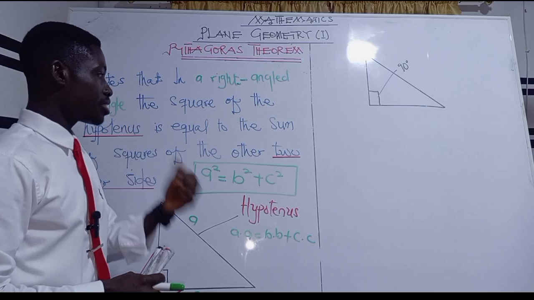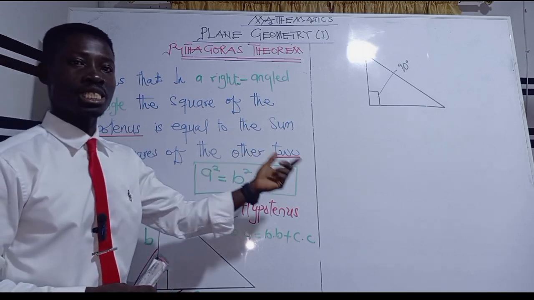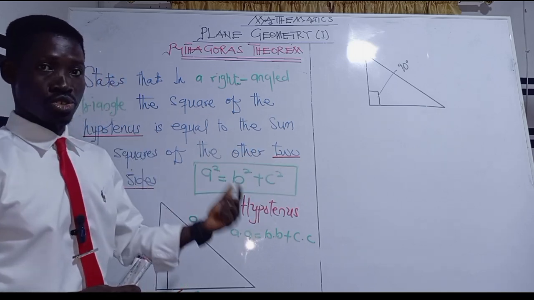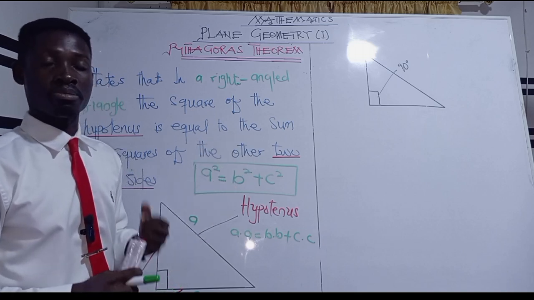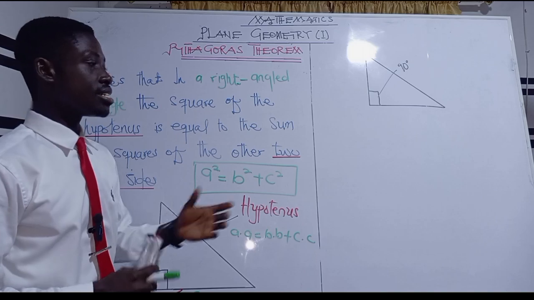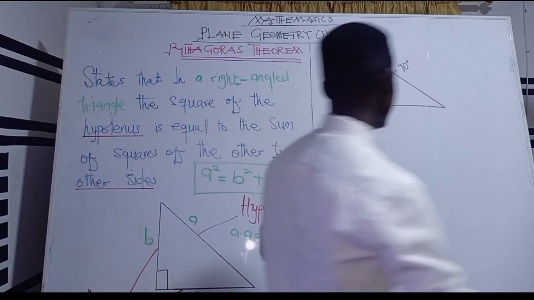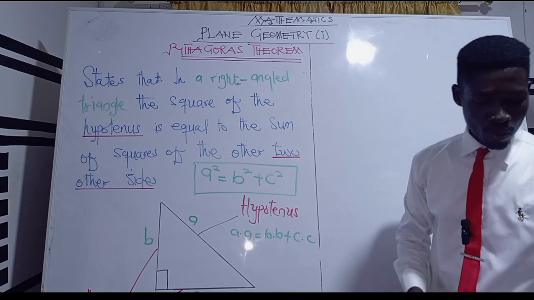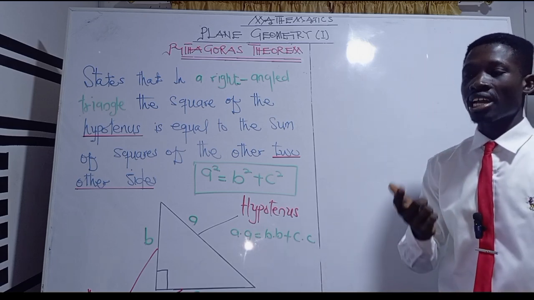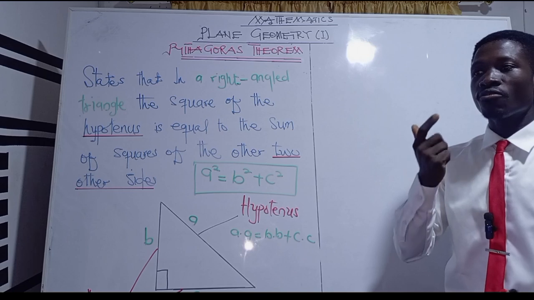Now, let's look at the geometric aspect for this very theorem. This is the arithmetic aspect. Let's look at the geometric interpretation for this very theorem. So we are going to draw a right angle triangle of side 3, 4, 5.